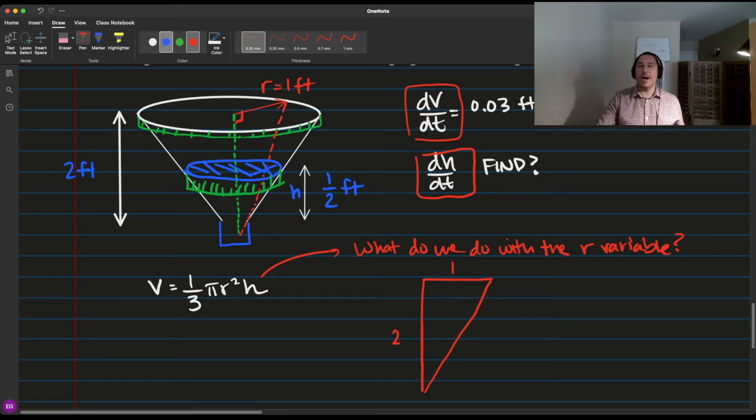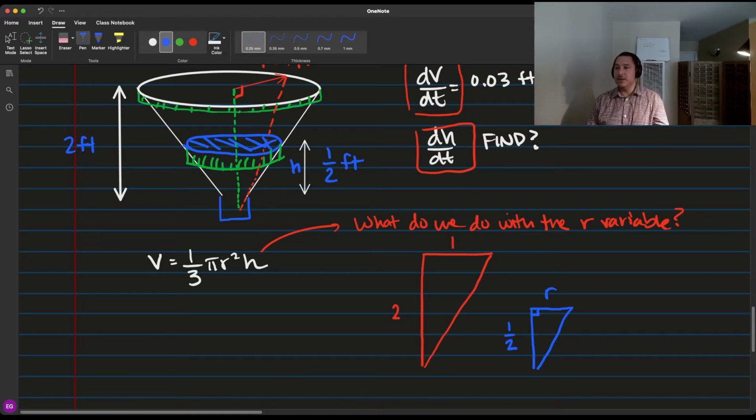And what you can draw is a similar, smaller right triangle where the height of the water is. The height of the water at the moment we're interested in is 1/2. Now obviously these aren't to scale. So that's 1/2, and we're going to call this r because we don't know what the radius of the water is right there. Now what you can do is set up an equation.